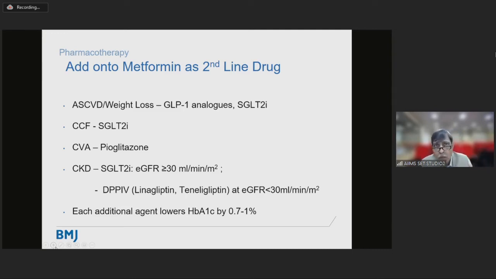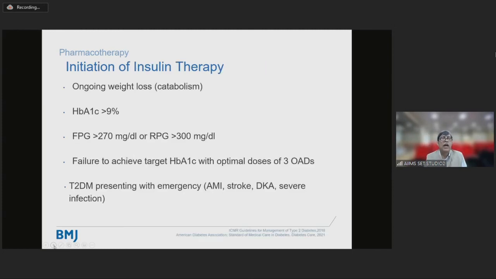They can be weight neutral or even weight reducing, and they don't cause hypoglycemia. In congestive heart failure, the cardiologists are now very keen to give SGLT2 inhibitors. And as I said, for CKD, SGLT2 inhibitors, and linagliptin if it's slow. Each of these additional agents will drop your A1C about 1%.